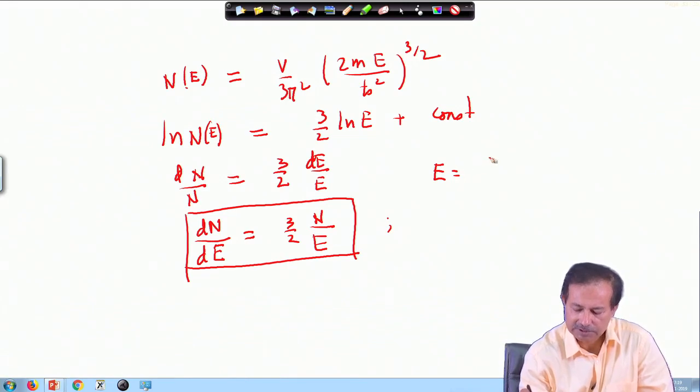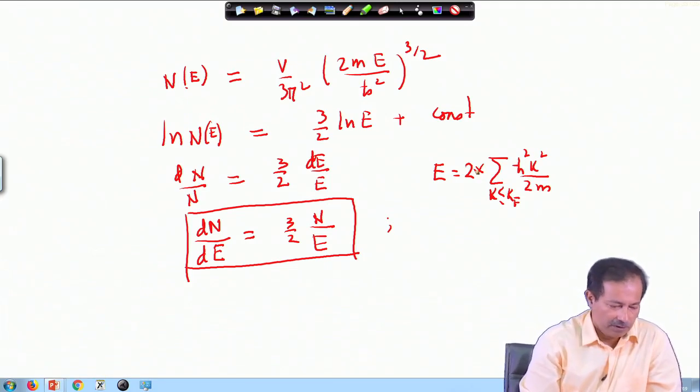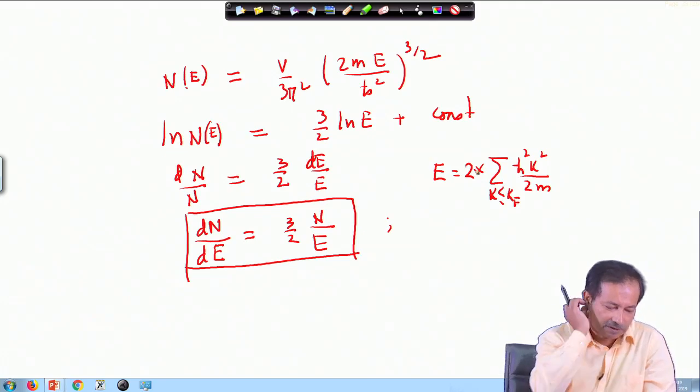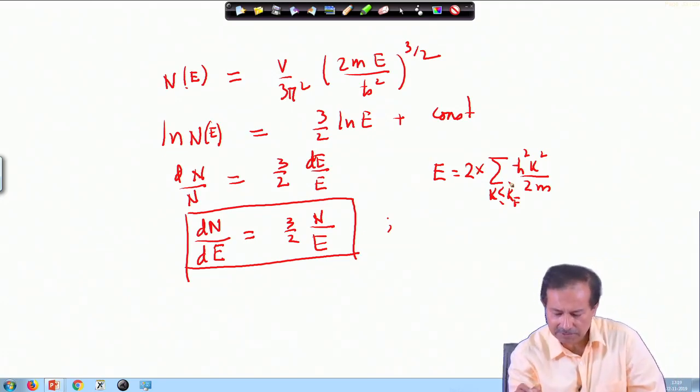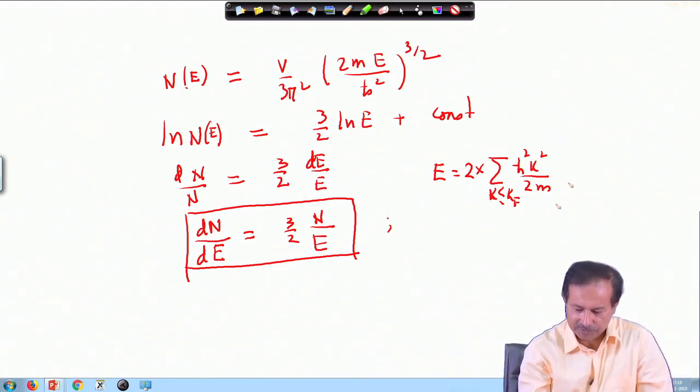It is basically the sum over k up to k_F of h-bar squared k squared by twice m, and then of course multiply by the spin degeneracy. That is what we want to calculate, and then I will show you where this density of states can become useful.